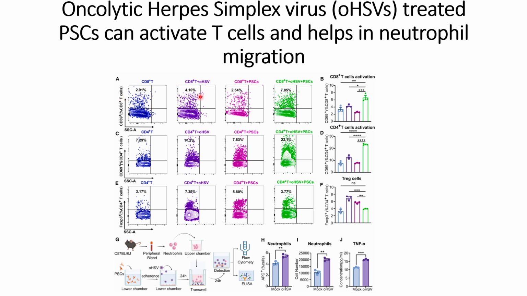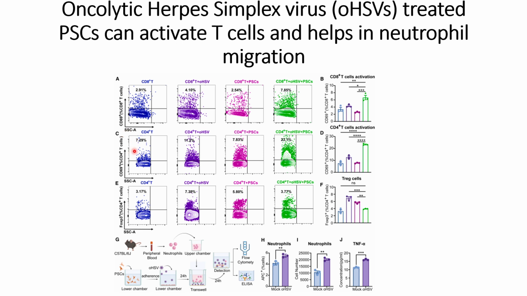However, when co-cultured with PSCs treated with oHSV, they saw a significant increase, from 4% to 7.85%, almost 1.5 times. The quantification can be seen in panel B, that CD8 plus T cells increase significantly with oHSV.